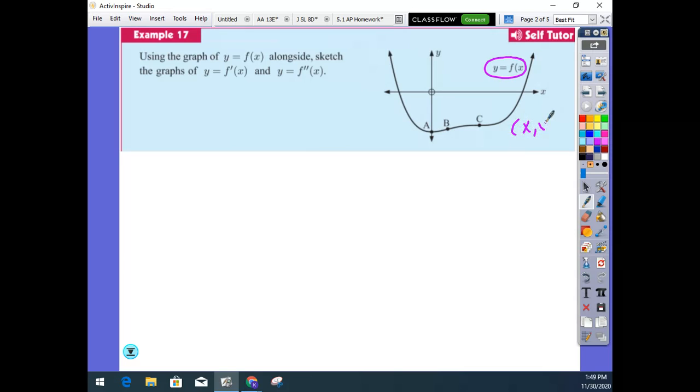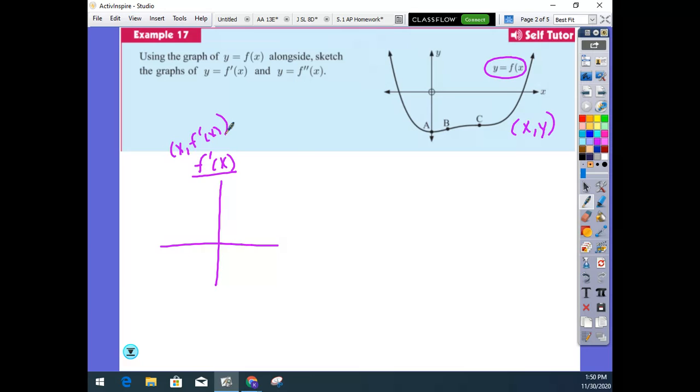That just means when I plug in x, I get my y value, I'm getting f of x. And when we draw our f of x graph, this graph is going to represent f prime of x. That means when you plug x in, my y value is going to be the f prime.